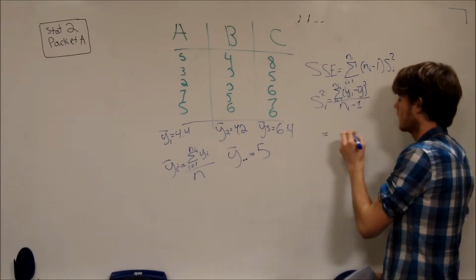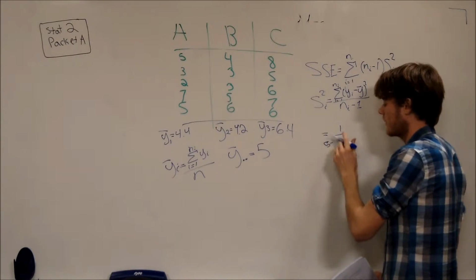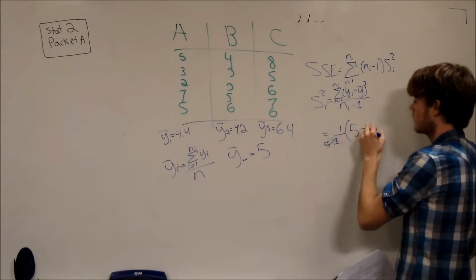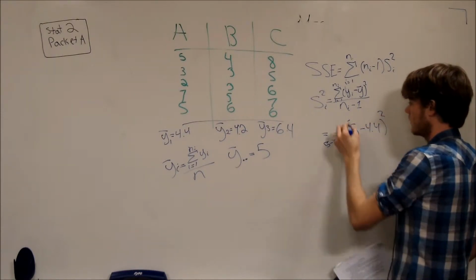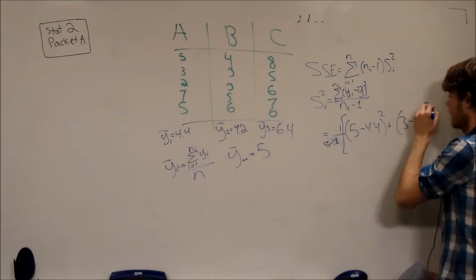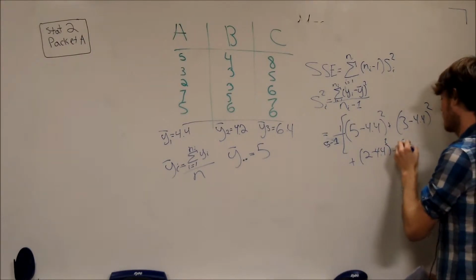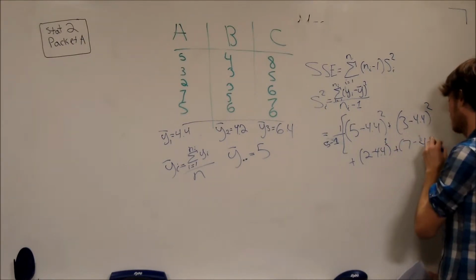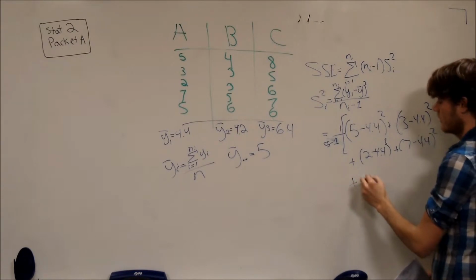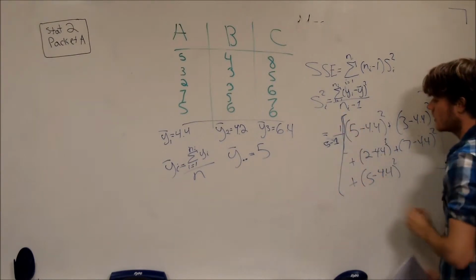So 1 over n minus 1, which is 4, times (5 minus 4.4) squared plus (3 minus 4.4) squared plus (2 minus 4.4) squared plus (7 minus 4.4) squared plus (5 minus 4.4) squared, all divided by 4.